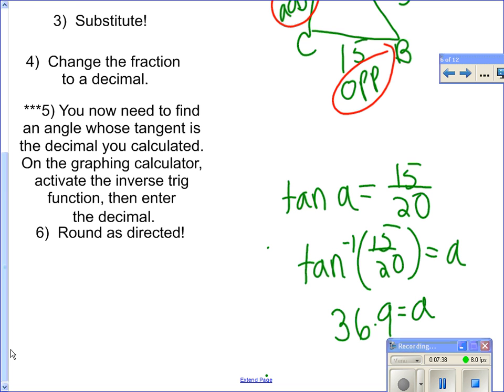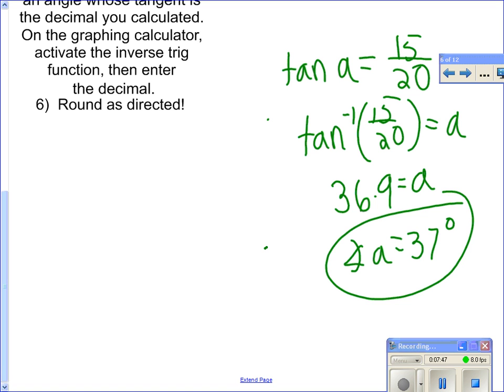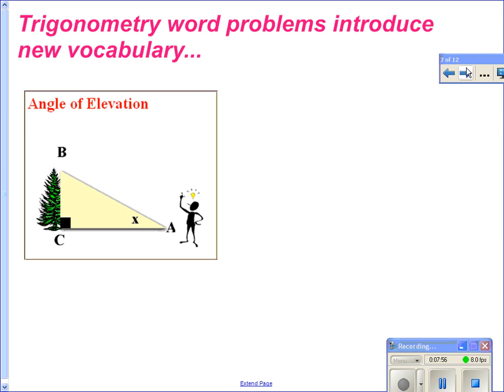And I think they ask it to the whole number, so we would say angle A is equal to 37 degrees. Okay, the key here is just to remember when they ask for an angle, you have to use the inverse.